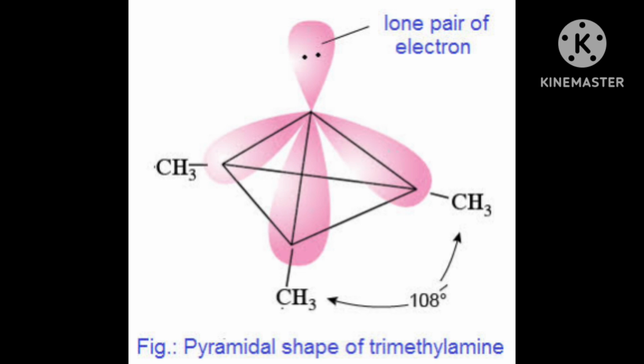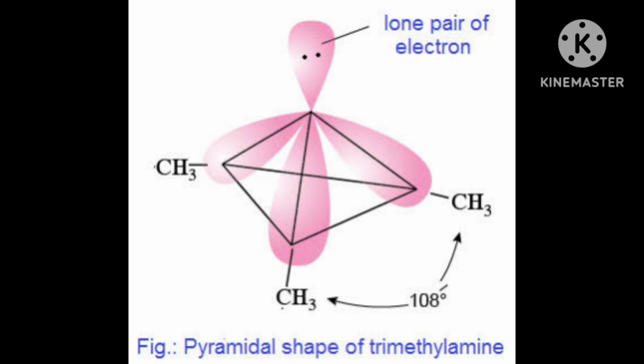In the IUPAC system, amines are named as alkanamines. From the alkane, you remove the E and then add amine, giving alkanamine. Okay, this is in the IUPAC system. For example, CH3NH2: CH3 is methane, then you remove the E and add amine.